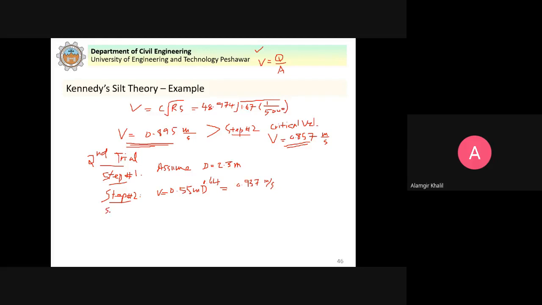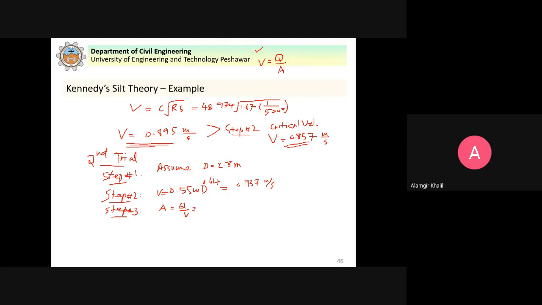Next we have to calculate the area. So step number 3: we calculate the area A, that will be equal to the discharge which is given divided by this critical velocity.